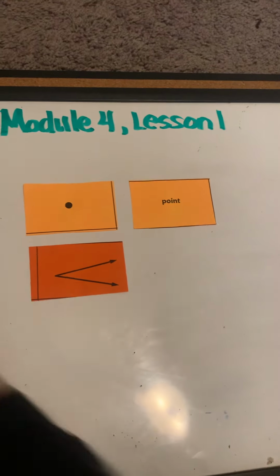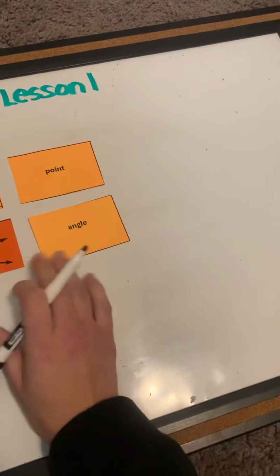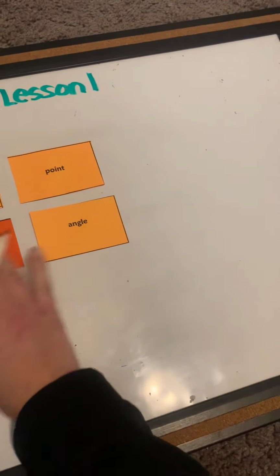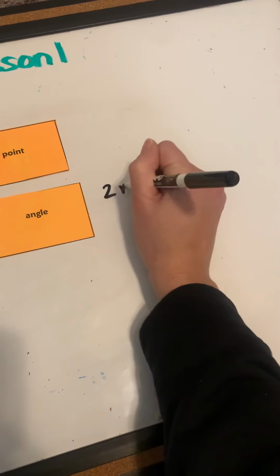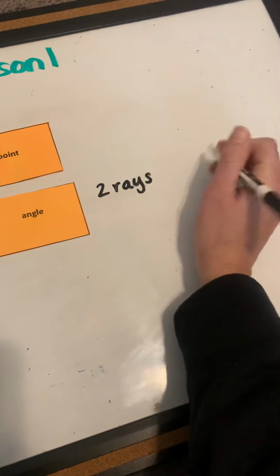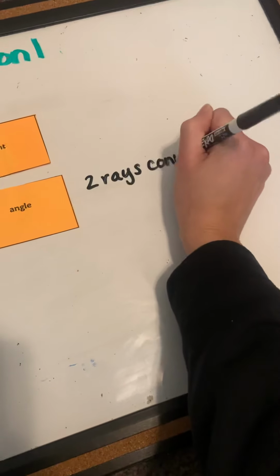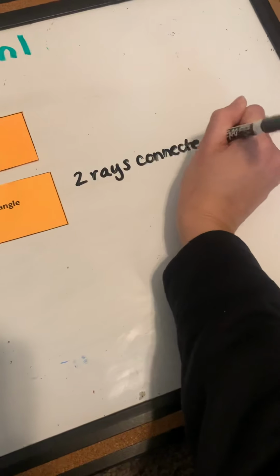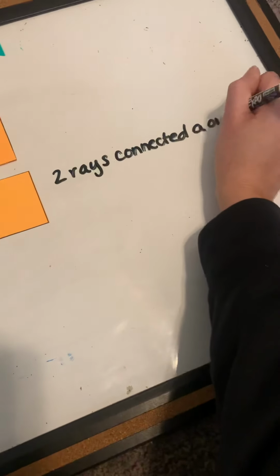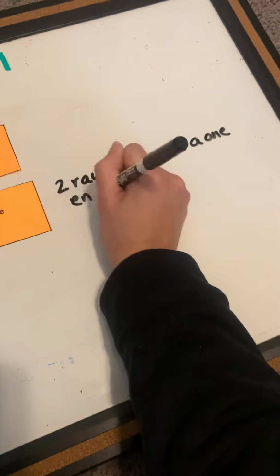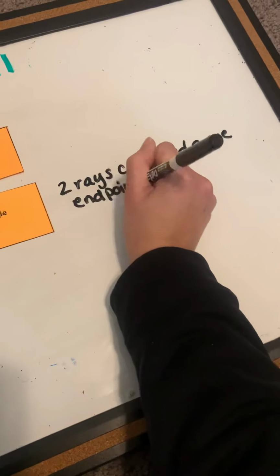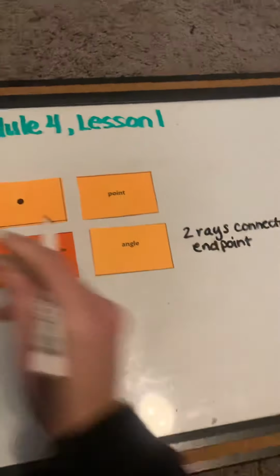That's an angle. Remember, an angle is 2 rays. So we have two rays, and they have to be connected at one end point.